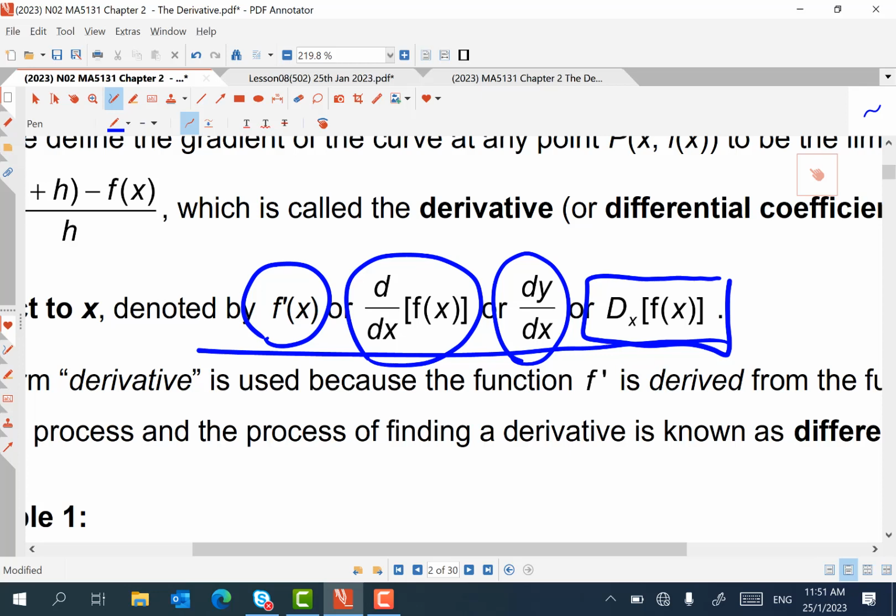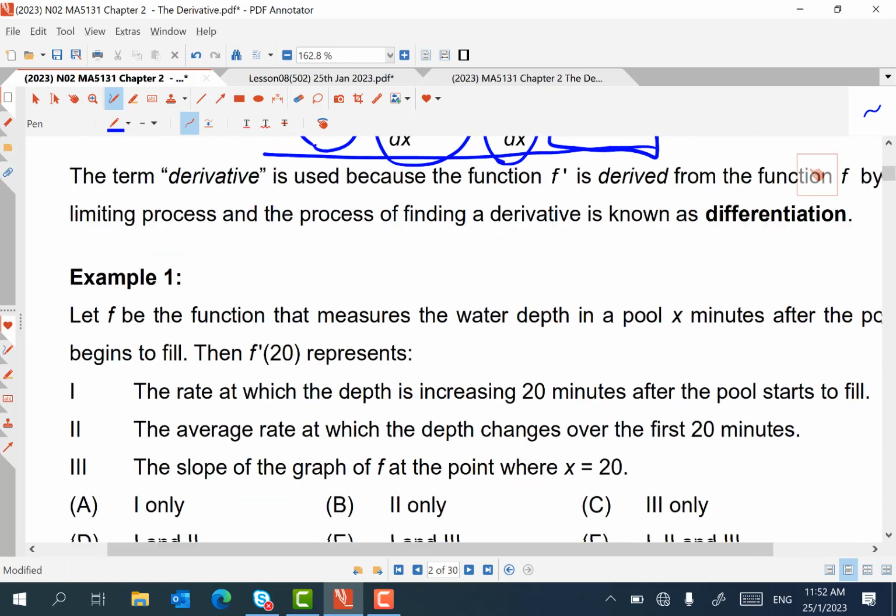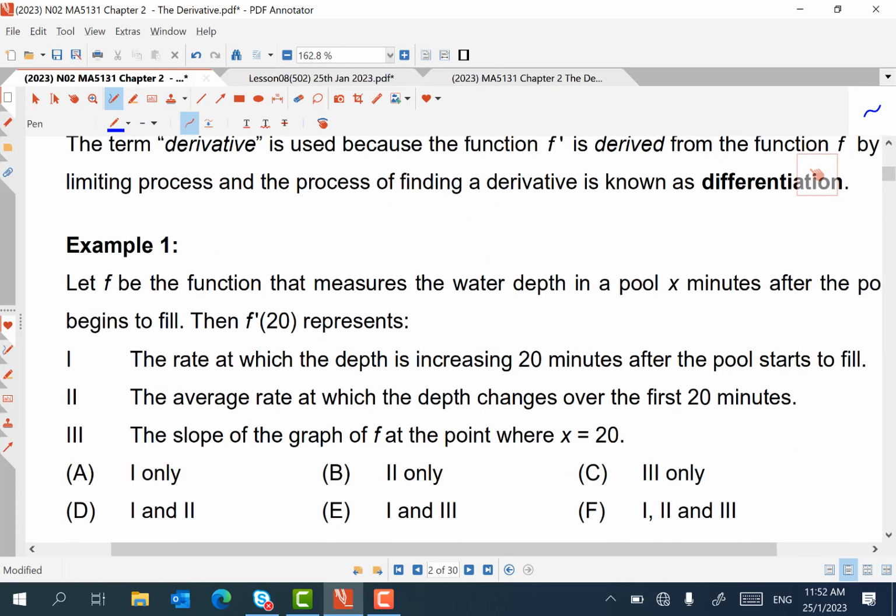It's called the D operator. Who uses the symbol? The engineers. You won't see the symbol at all in our notes again. Okay, let's do our first example.